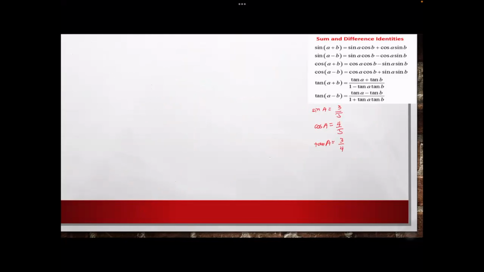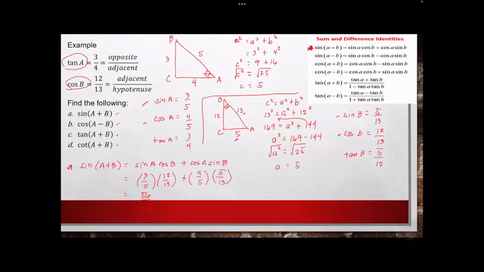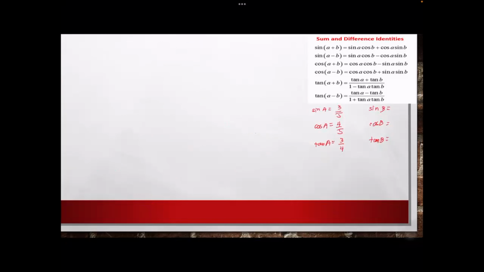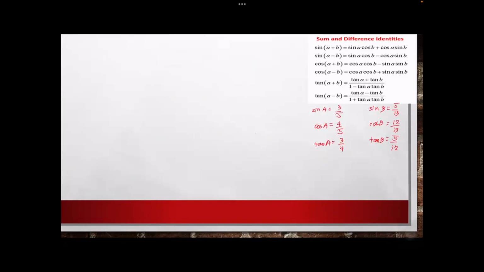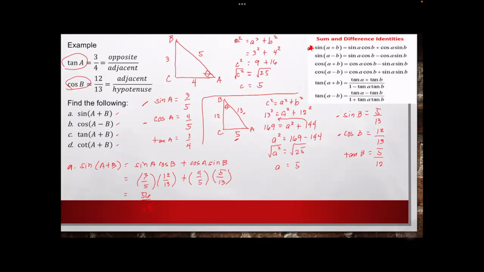Then sin B, cosine B, tan B, and 5 over 12. That's the next, the cosine A minus B.